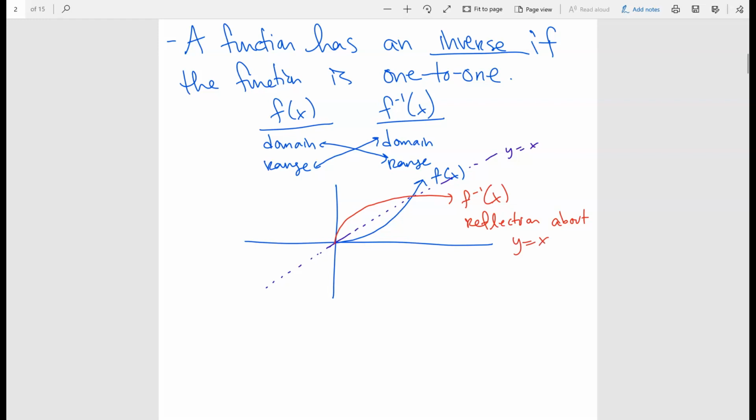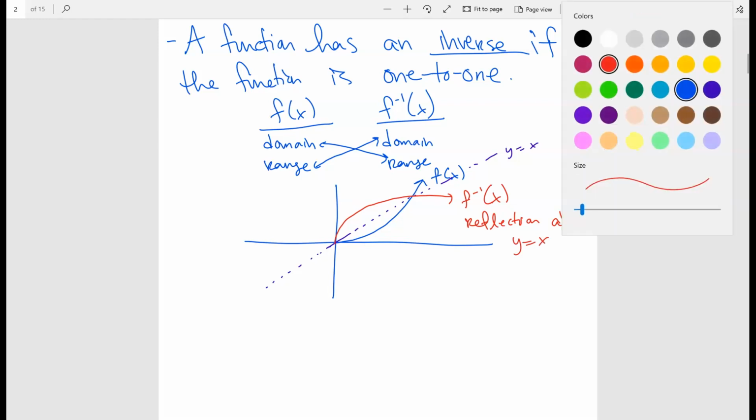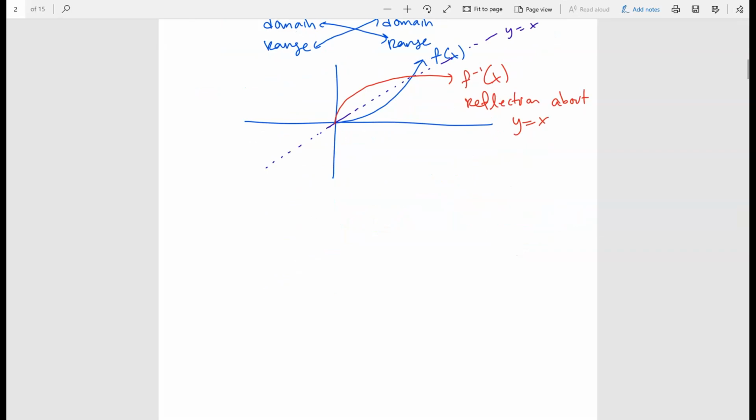So how do you know if two functions are inverses?